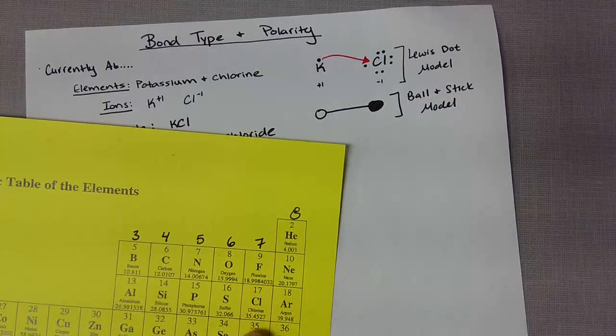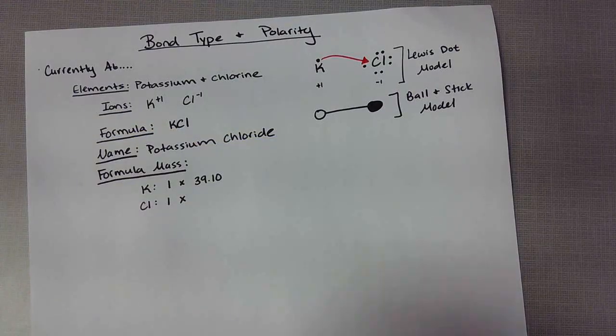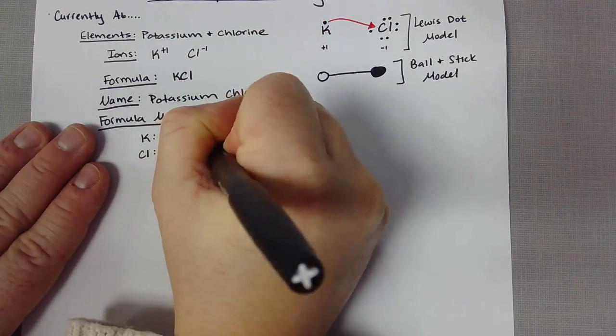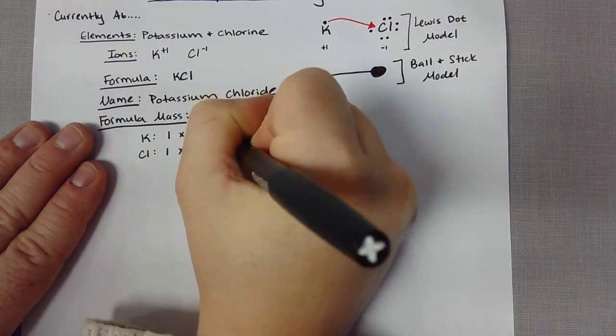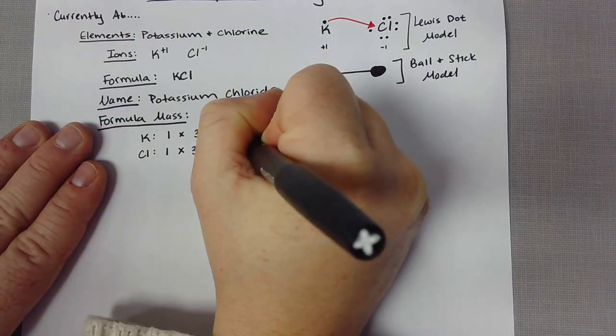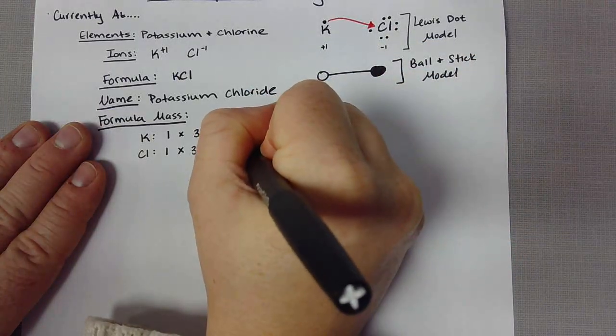Chlorine, 35.45. That is going to stay because the following numeral is a 2. So 35.45. Multiplying a number by 1 gives you that number.